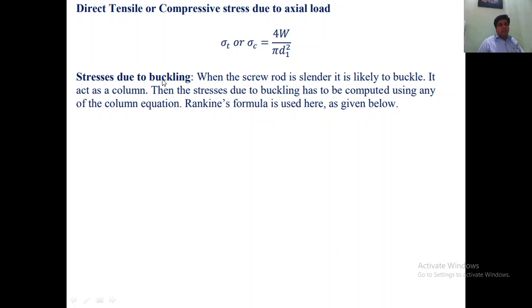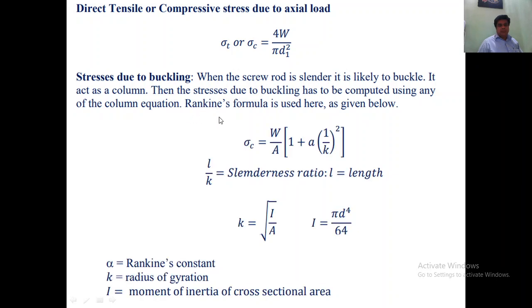Coming to buckling, we go to the buckling equation as you have learnt in mechanics of materials. So you have Rankine's formula, so we have the slenderness ratio, then radius of gyration, Rankine's constant alpha, then we have the moment of inertia of the cross-sectional area. So these are the equations related to buckling.